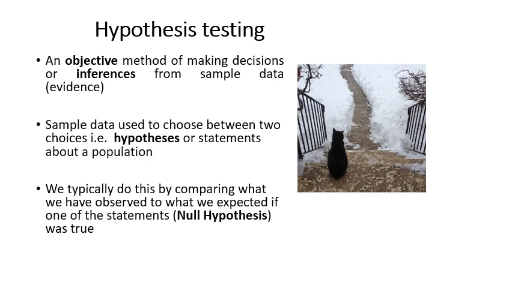If you take a look at this picture, the cat is faced with a decision whether to go out in the snow and get cold and wet, or stay inside. So the null hypothesis for the cat is, I won't get my paws wet and cold.